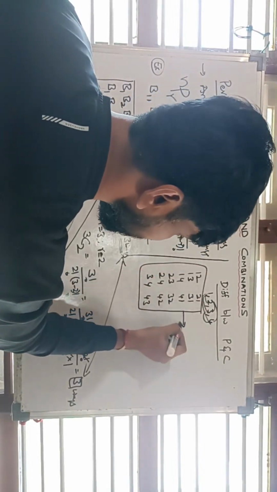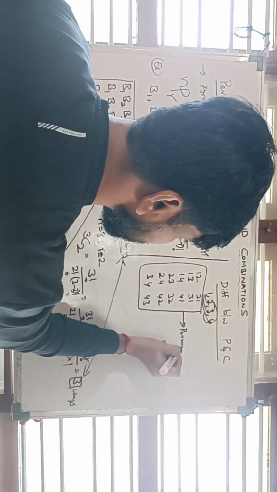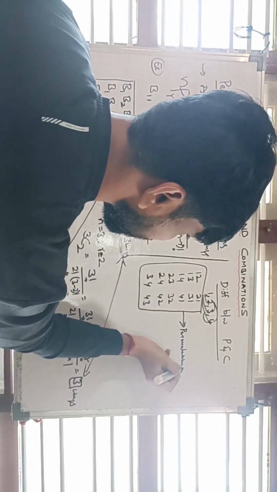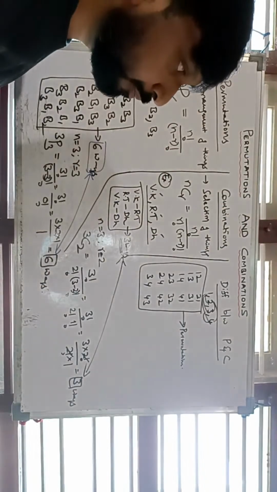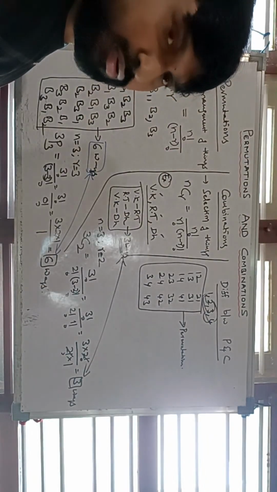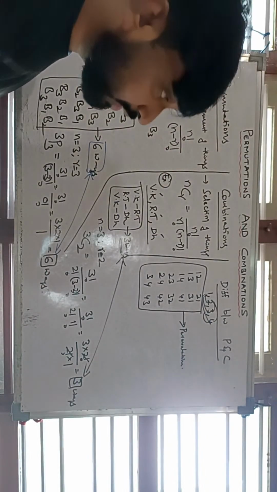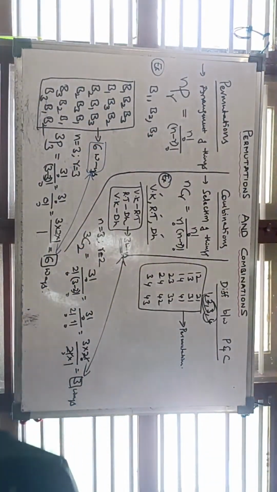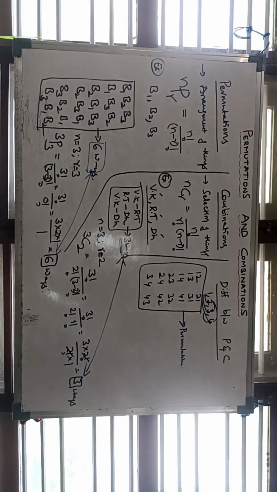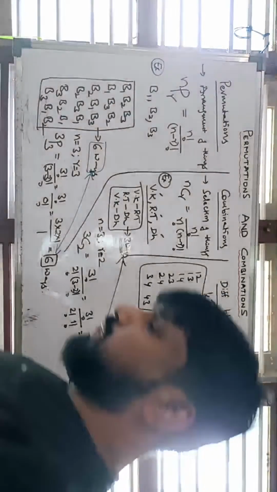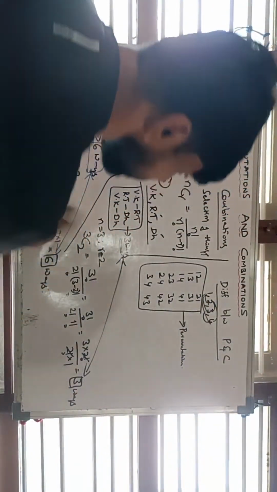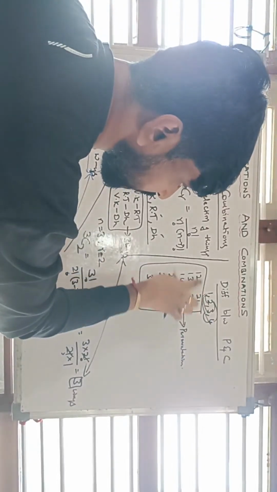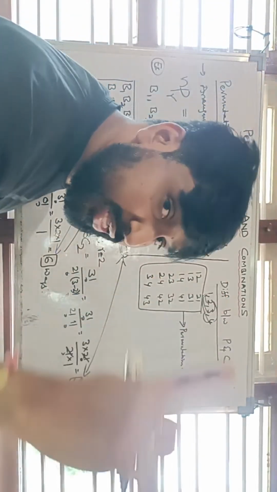This is nothing but permutation. Then what about combination? Combination means 1 2 case and 2 1 case are together considered as a single way only.